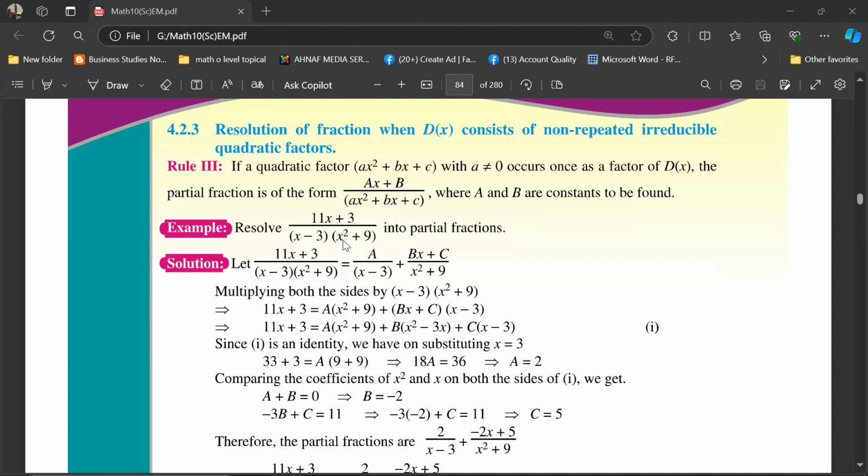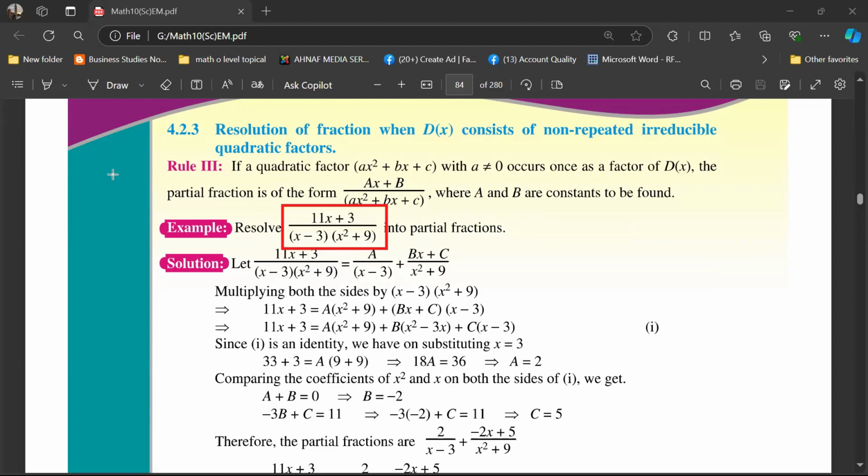So that's why it is prominently written that the factors will be irreducible quadratic factors. We will learn how to make the partial fraction of these type of fractions. One thing that you have to make sure is that partial fractions can only be formed if the entire fraction is in the form of a proper fraction.